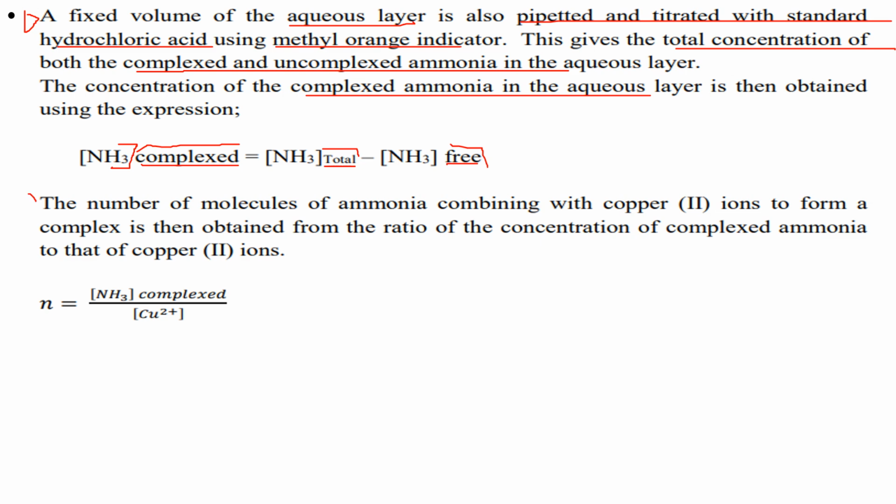So you're saying that the number of molecules of ammonia that are going to be combining with copper 2 ions to form a complex is going to be obtained from the following formula. That is expressed as the ratio of the concentration of the complexed ammonia to that of the copper 2 ions.